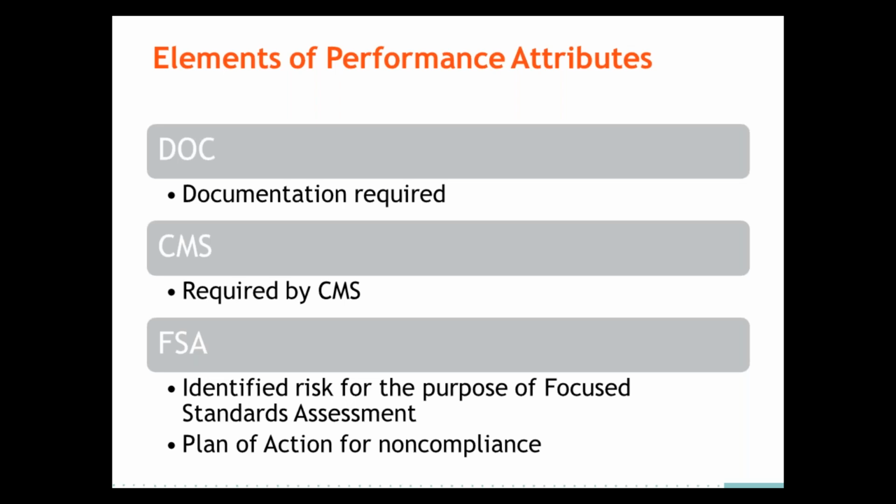So CMS sets these minimum requirements for anybody who wants to provide services to Medicare and Medicaid patients. And they're called the CMS regulations. So the regulations will specify what the regulation is and the interpretive guideline that has to be applied when the surveyors are surveying to that regulation.